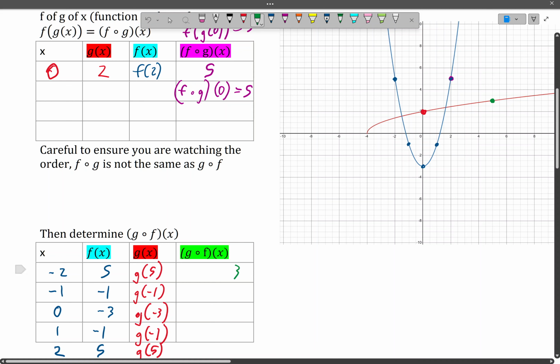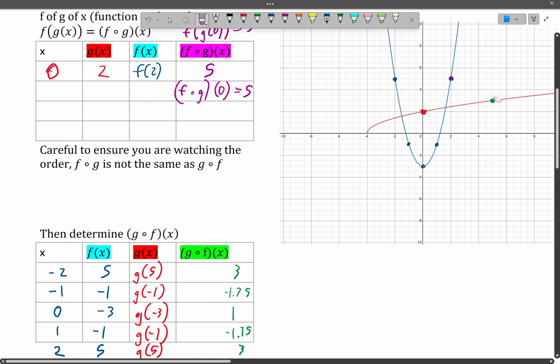The next one, -1, gives us a value of, ooh, that's kind of hard to see there, but I'm going to say like -1.75 roughly. -3 gives us 1. That's going to be the same, -0.75 and 3.